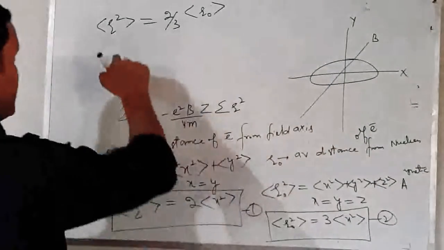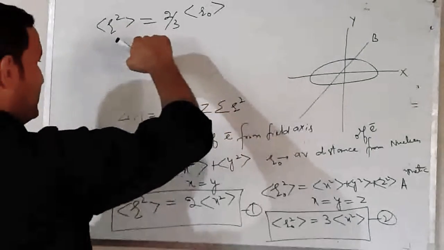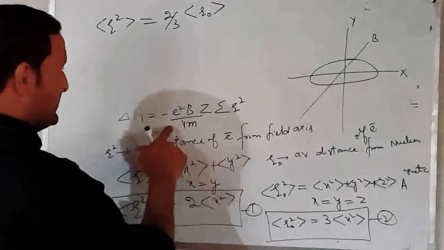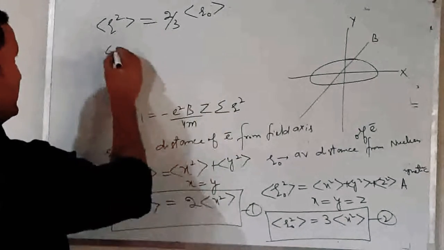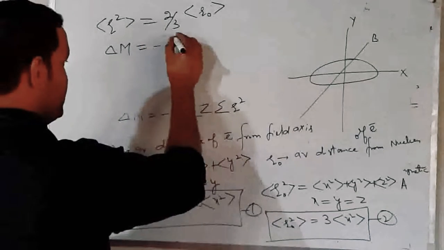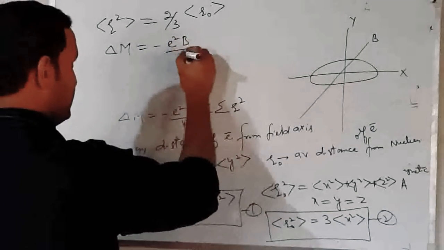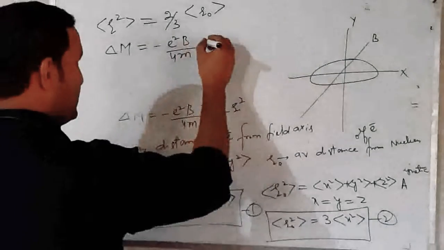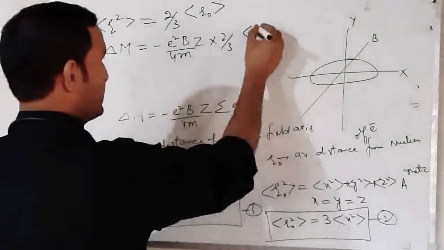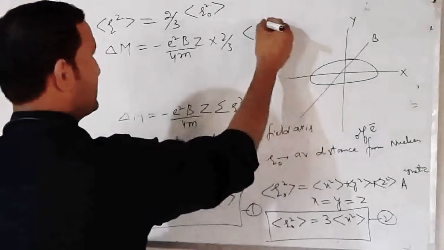Therefore, we substitute this value in the magnetization equation. Then we can write delta M equal to minus e square B upon 4m Z into 2 divided by 3 r naught square.